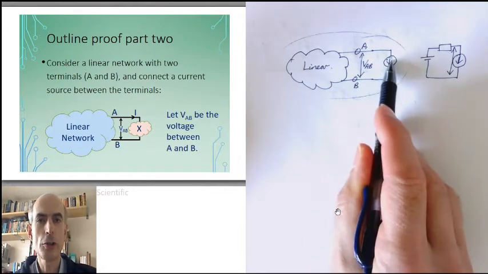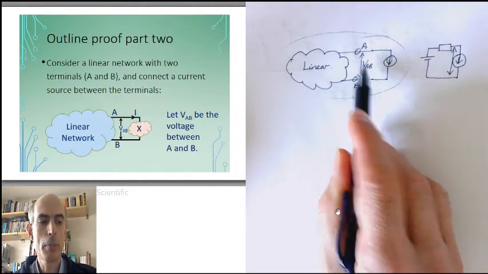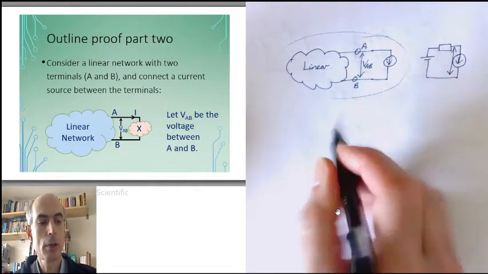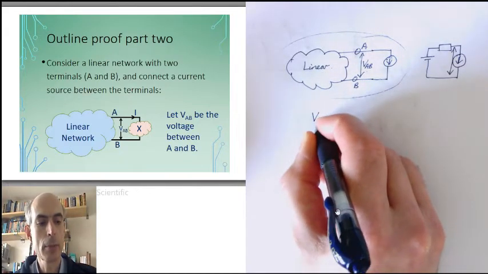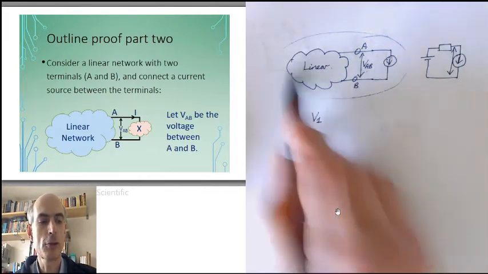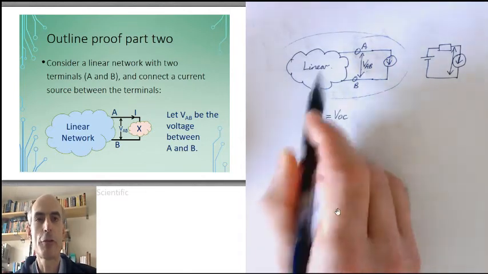Firstly, we'll turn off the current source. Then we're measuring the open circuit voltage of this linear network. I'll call that V1. That's the first contribution to the total voltage in this circuit. It would just be the open circuit voltage of this linear network.